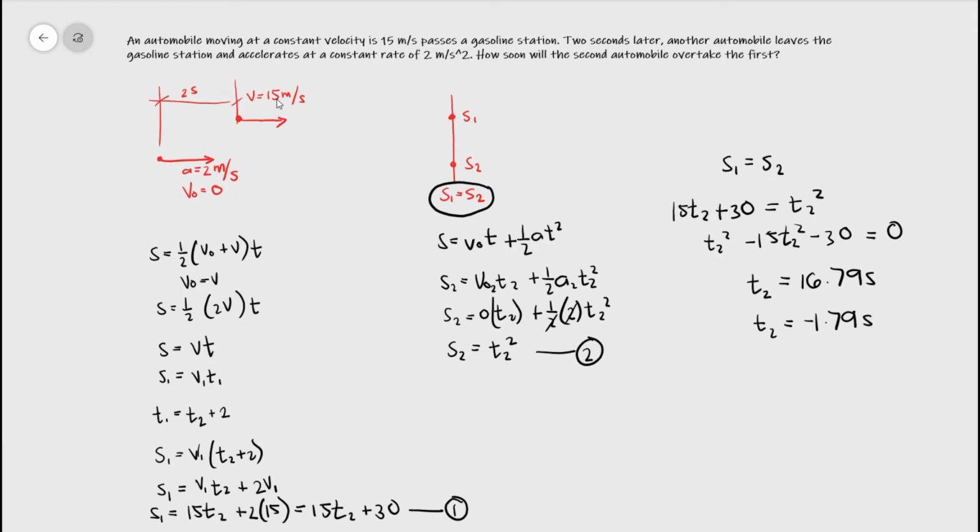Here, since there is no negative time, our final answer will be 16.79 seconds. That is the moment when their distances are equal, meaning ahead from 16.79 seconds, let's say 16.8 seconds, the second automobile now overtakes the first automobile. Okay.